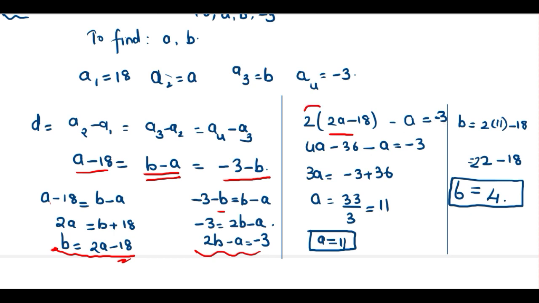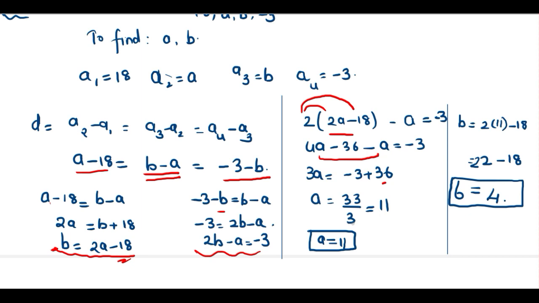So applying distributive property, 2 into 2a is 4a, plus into minus is minus, 2 into 18 is 36, and here we have minus a, that is equal to minus 3. So 4a minus a will give us 3a, that is equal to minus 3 minus 36, upon transposing it will become plus 36.